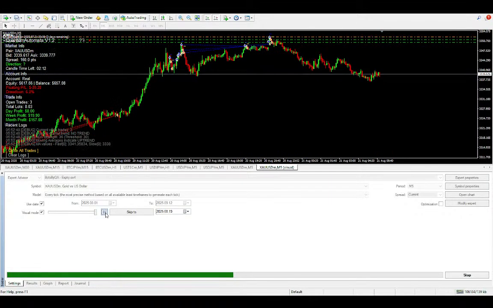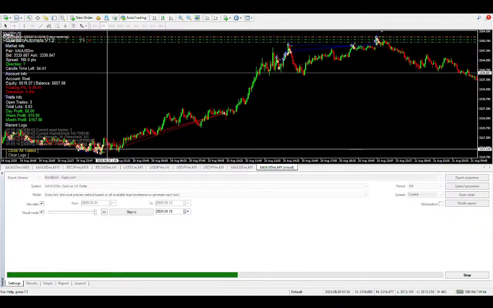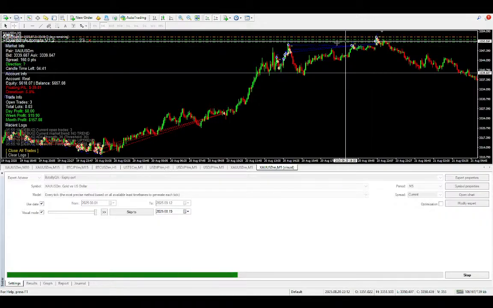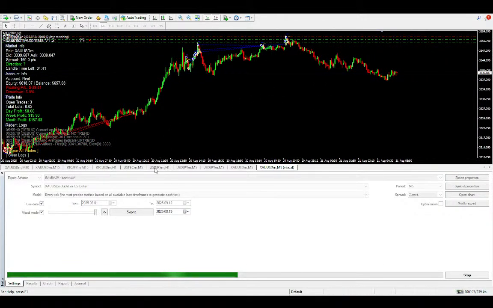Now, let me show you something. If we had not closed this trade right from here, maybe you didn't close it with your daily drawdown, or because I don't use the close all feature, it would have held the trade right from here and kept holding on, because that's what the bot will do. It won't close it.